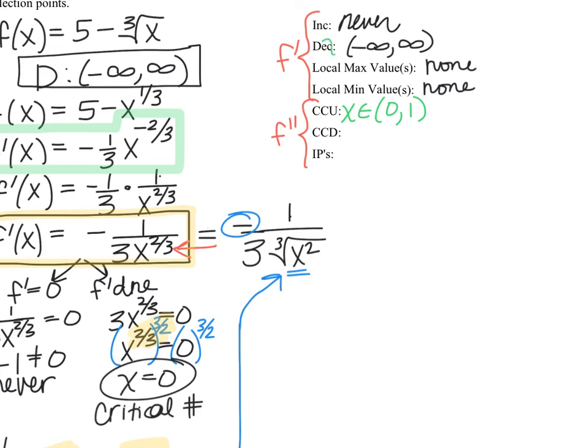I could have written that up here as well for the decreasing. X is an element of, if you wanted to. So it's concave up on the x interval from 0 to 1, and then it's going to be concave down on the, I'm sorry, not 0, 1, go back. It's not from 0 to 1. Let me go back and show you.